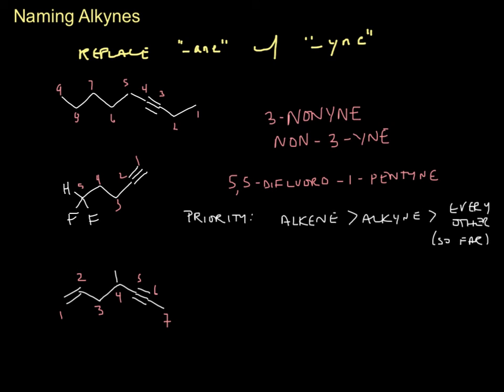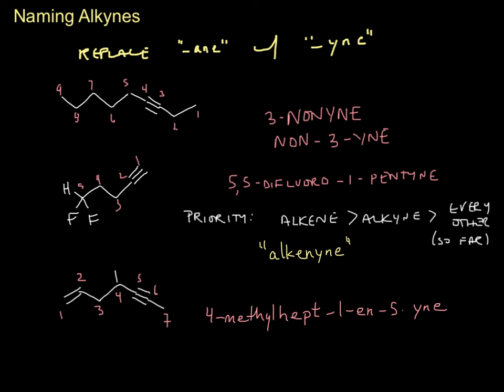When you are naming something with both an alkene and an alkyne, it becomes an alkenyne. Therefore, the full name of this molecule would be 4-methylhept-1-en-5-yne.